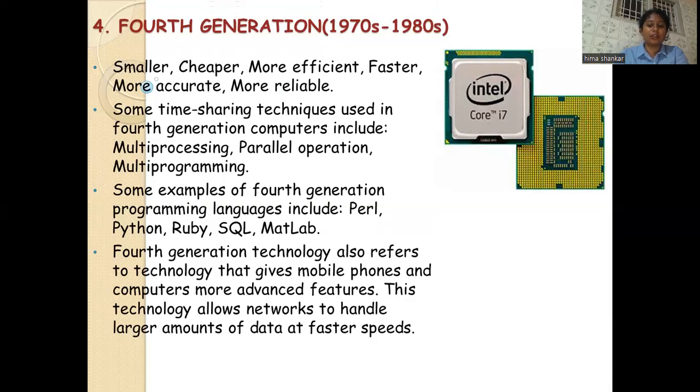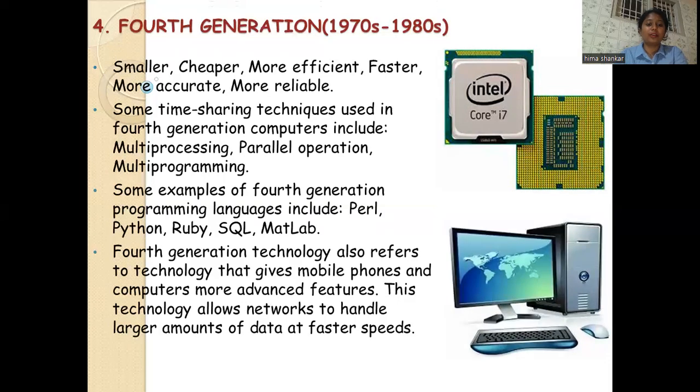Fourth generation also refers to the technology that gives mobile phones and computers more advanced features. So the 4G network, as we know, gives more advanced features and fast access. This technology allows the network to handle large amounts of data at faster speed.